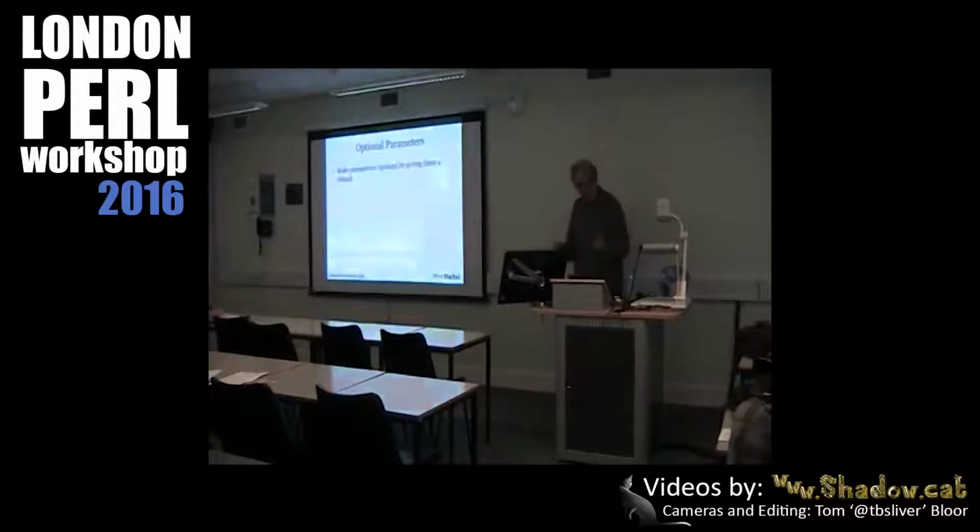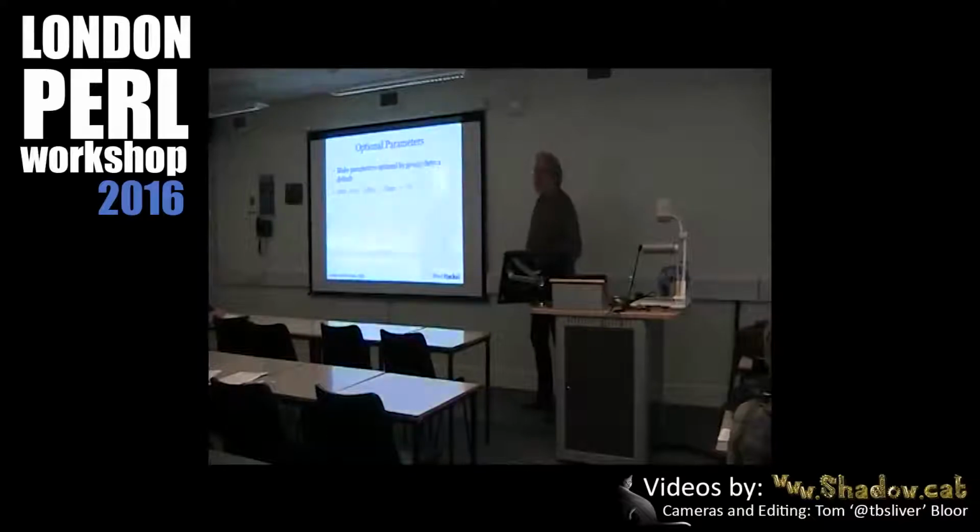You can have optional parameters by giving them a default. So sub foo ($bar, $baz = 0). If you don't pass a second value, then it gets assigned a value of 0. And then at the end of the parameter list, you can have slurpy parameters, which you can assign to an array.